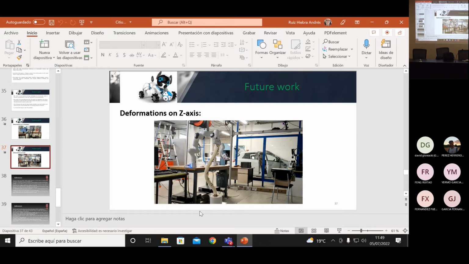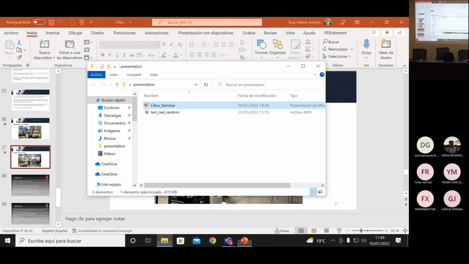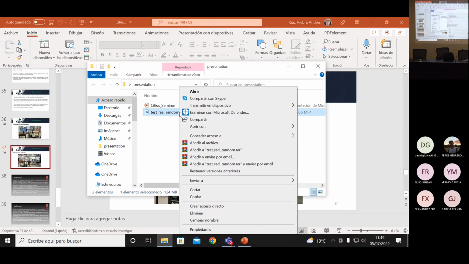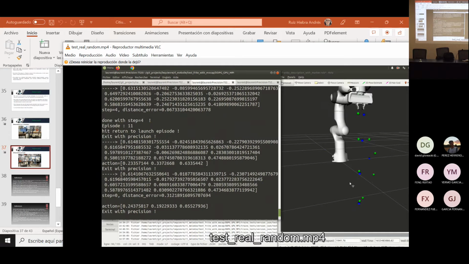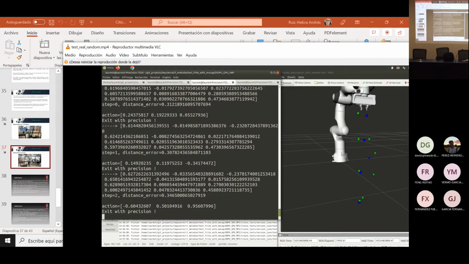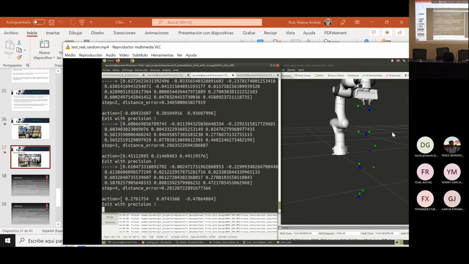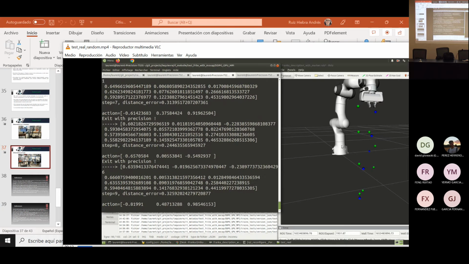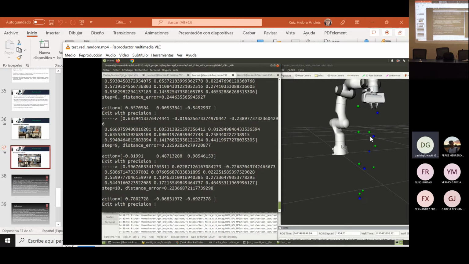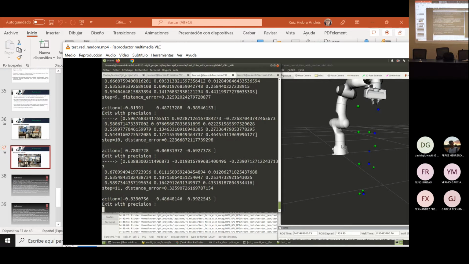Going back to the video, sorry, it's hard to be on both sides at the same time. Here, the idea is that this blue point should reach that green point. See, it's really a strong deformation on the Z-axis.